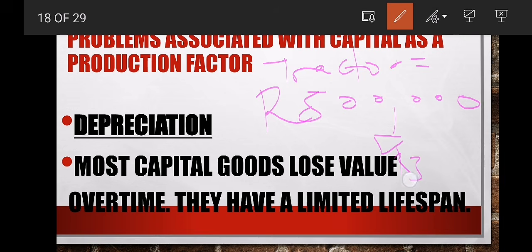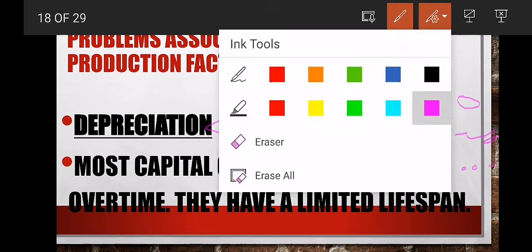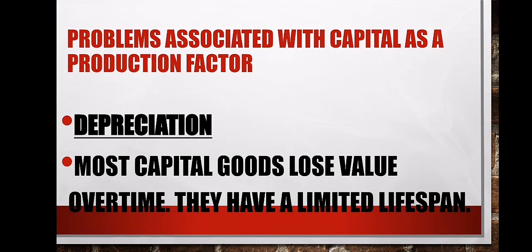Maybe it will be about 350,000 or 300,000. So what has happened to the value of that capital? The value has decreased. Hence, we say the value has depreciated, and we call that problem depreciation. So in this case, they can also come up with such examples. So that's why we say some products or some capital, they have a limited lifespan because their value decreases as time continues.